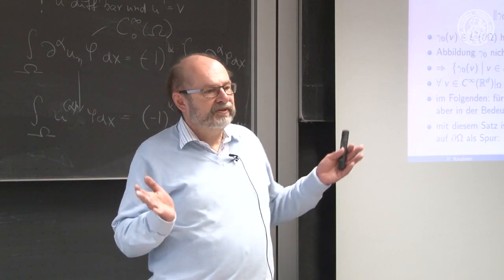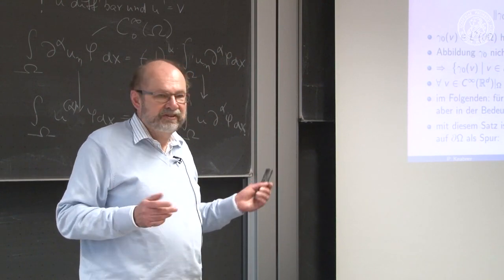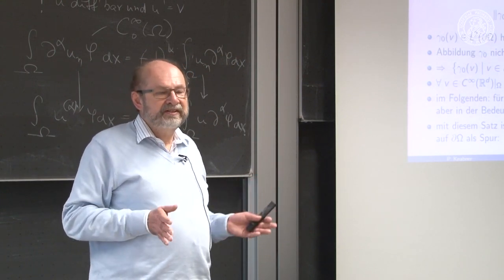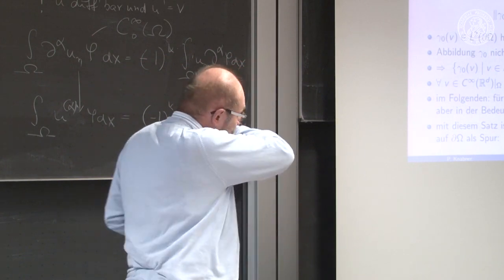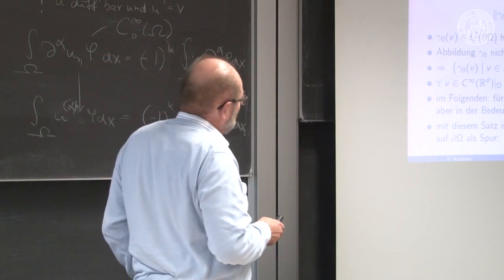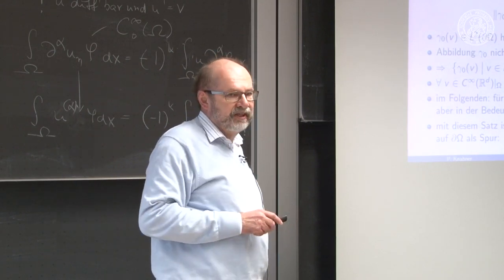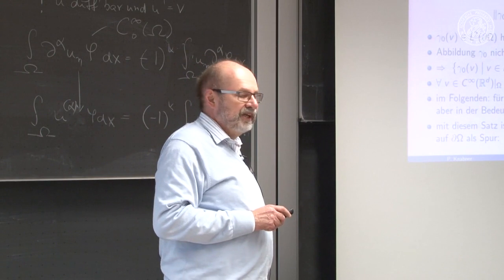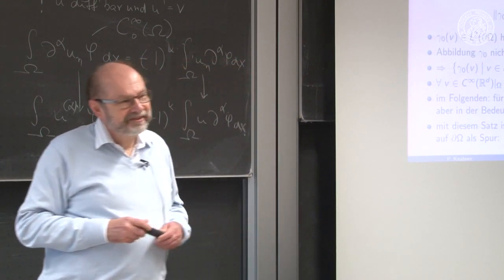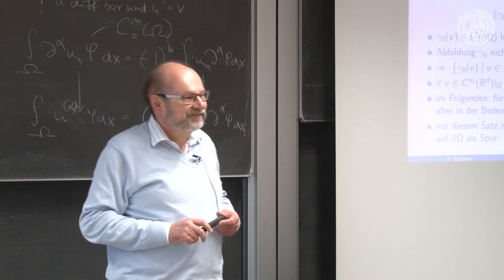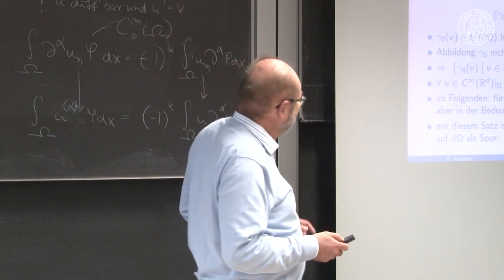But if it's impossible that such a function exists, of course, there cannot be a solution for the PDE. So this is a necessary requirement for this boundary condition, and this is something stronger than just saying the function is in L2. This space also has a name. This is H^(1/2). So these are those functions which are one half times differentiable. Okay.